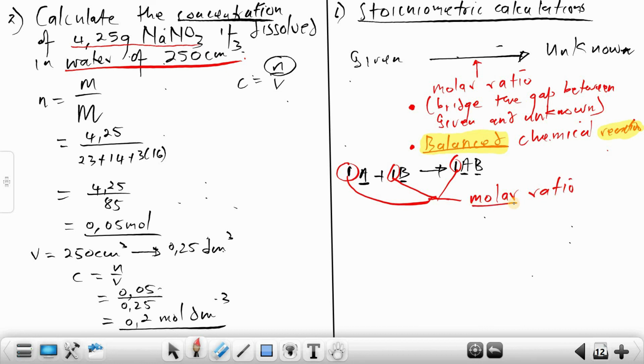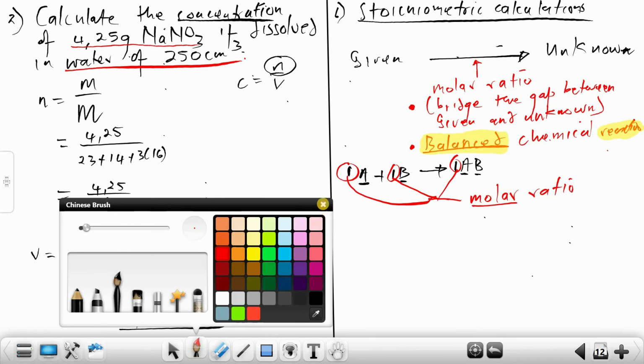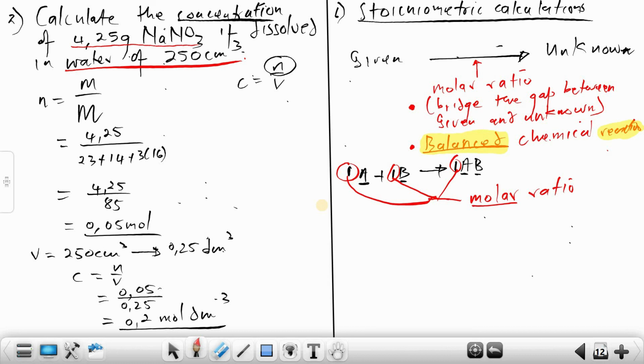So it will depend on the equation given. If the equation is maybe of this nature, where I have A2 plus B gives me AB, what must I do in this case? It basically says I must multiply here by 2 and also multiply here by 2. Why?